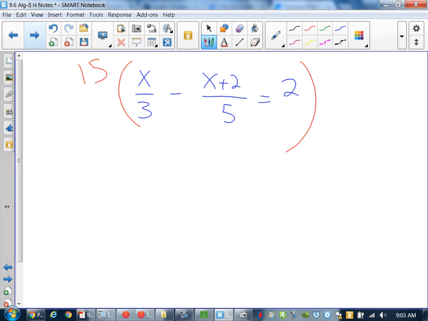In the back of your mind, think of it as our common denominator is 3 times 5. Well, the first fraction already has a 3, it needs a 5. The second fraction has a 5, it needs a 3. The last fraction needs them both.